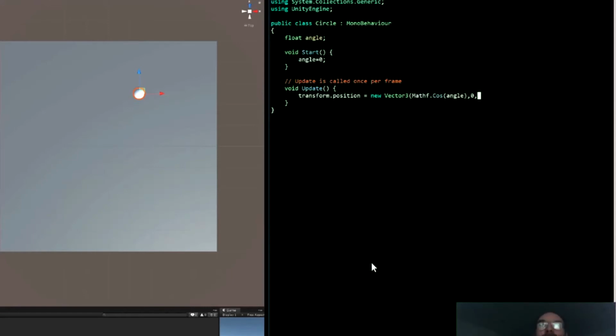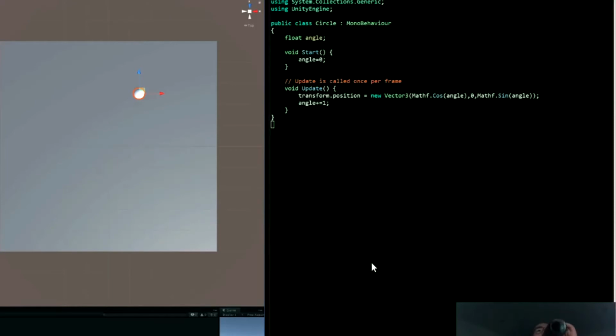So in the x, I'm going to put Mathf.Cos of my angle. 0, because the height of the ground is going to stay 0, and then Mathf.Sin of the angle. So this will do that. And then each step I say angle plus equals 1. I may be deliberately making mistakes here.